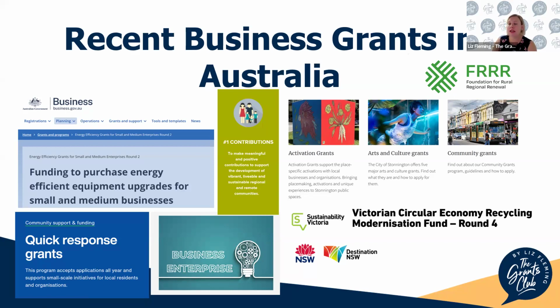Sustainability Victoria had a client who was successful in the Victorian Circular Economy Recycling Modernisation Fund. We found out about their successful $250,000 grant application last week, so that was super exciting. If you're in New South Wales, there's plenty of events and activation grants out there as well. So there are so many grants across Australia, WA, NT, South Australia, and Tasmania all have various grants out there. So we just need to be looking in the right place.